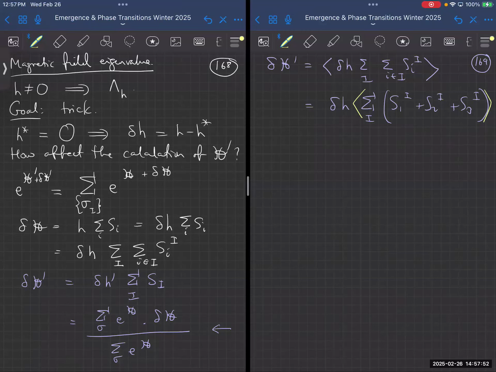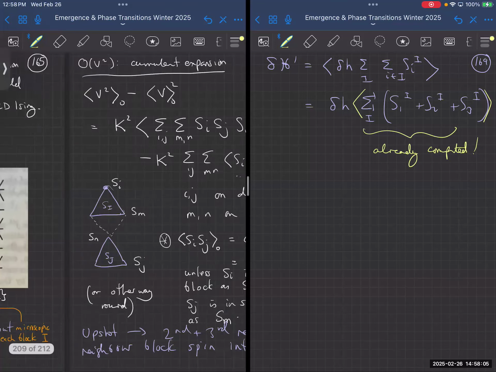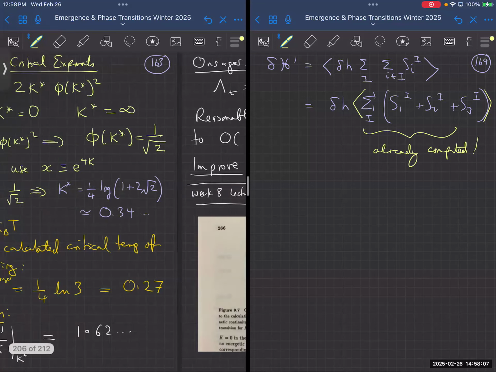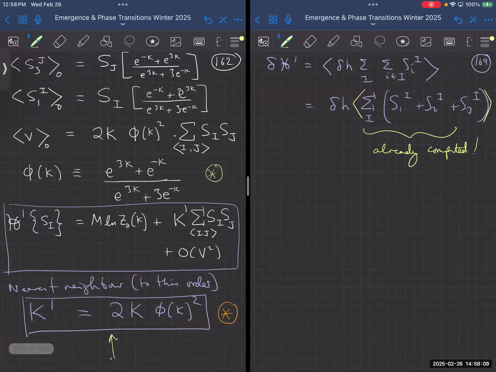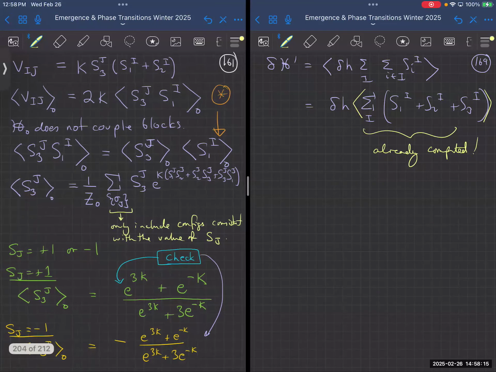The thing about it is this thing we already computed. Why did we already compute it? Well, when we were integrating out the spins to the first order, we actually computed what this sum is, and that's basically over here. That's basically what I'm showing you on this page.